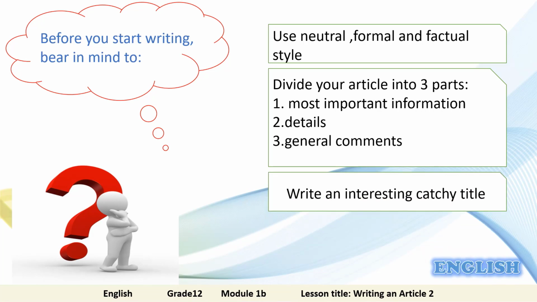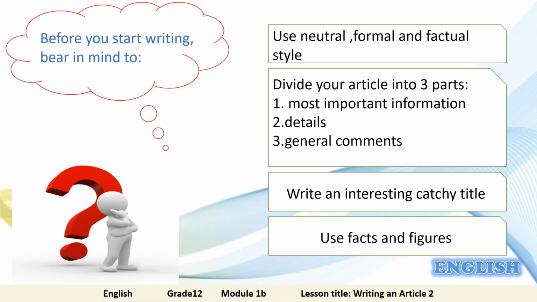Write an interesting, catchy title. As we said, try to include numbers, try to include a promise, and strong adjectives. Last but not least, use facts and figures. As far as you know, the article is a formal type of writing.